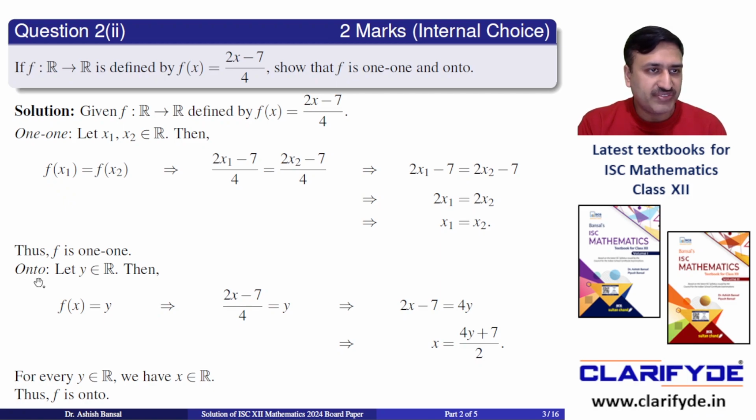In order to show that f is onto, let us take an element y in the codomain. Now f(x) = y implies (2x - 7)/4 = y. Upon simplification, we get x = (4y + 7)/2. Now this is a real number for every y a real number. This implies for every y there exists an x such that f(x) = y, hence f is onto.